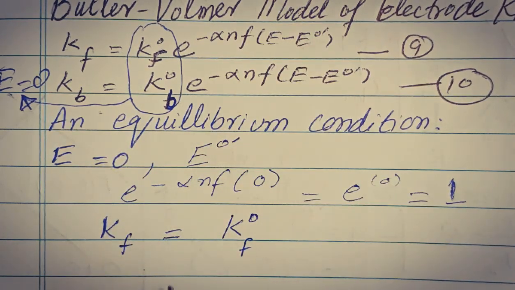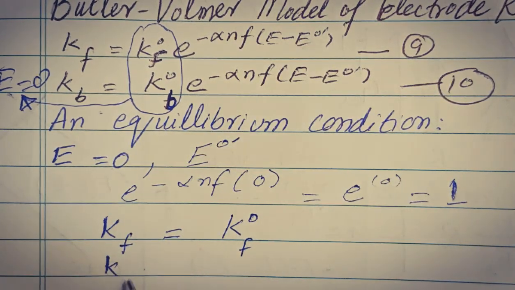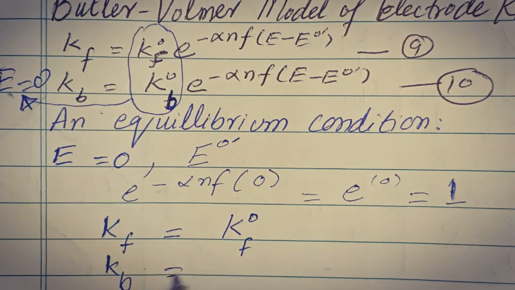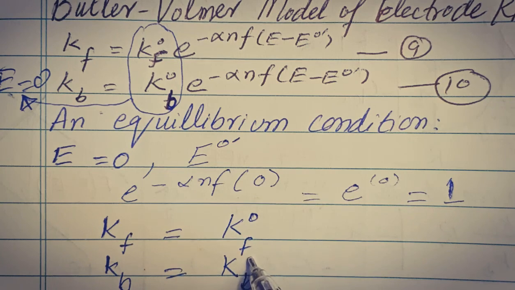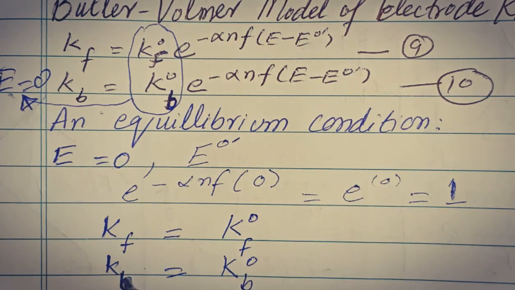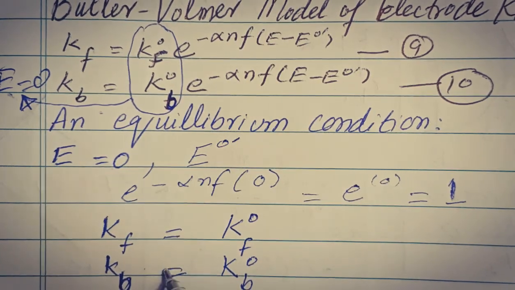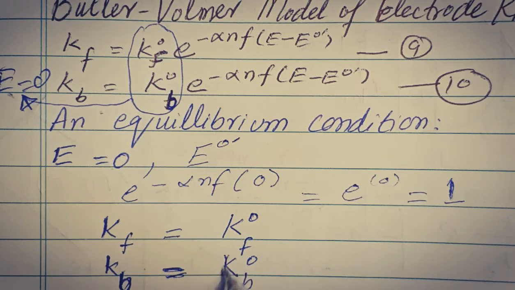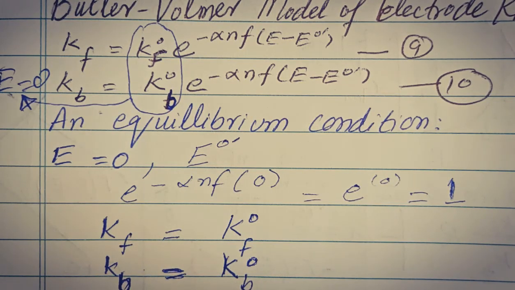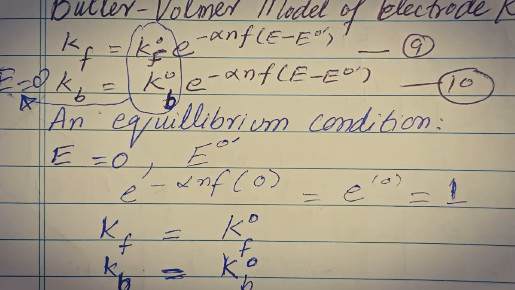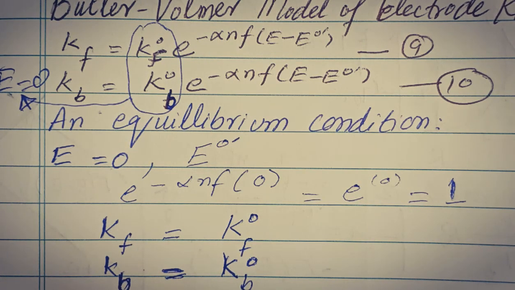So we can derive that the rate constant of the backward reaction is equal to Kb naught. So this constant is known as the equilibrium constant, that is independent of the applied potential.